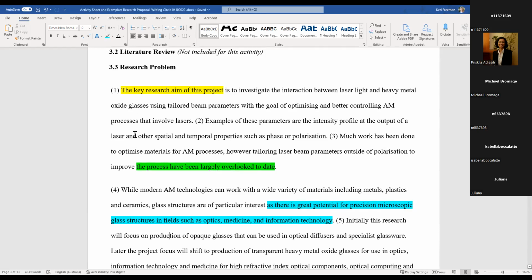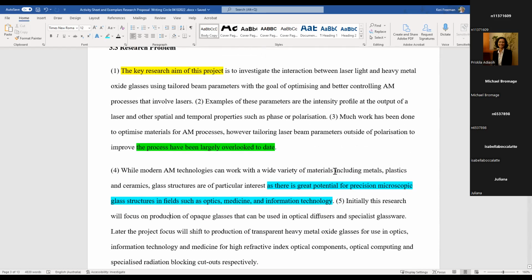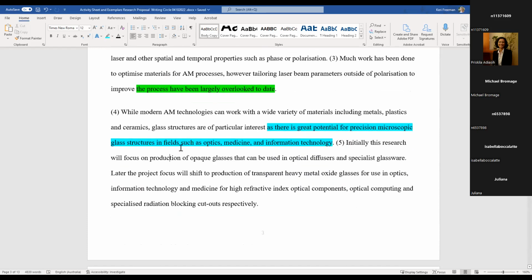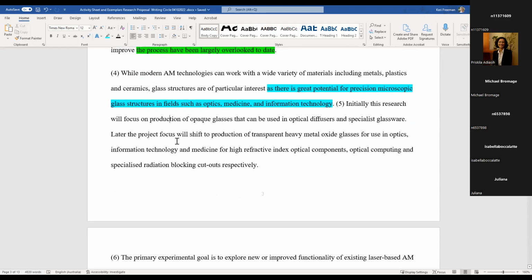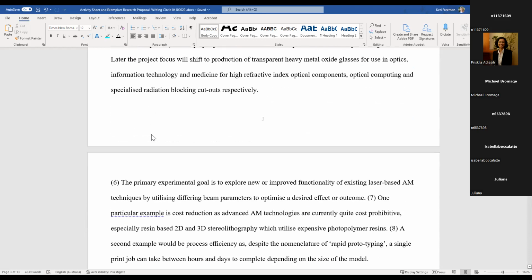Okay, so giving us more information and then narrowing down to the materials and then saying, okay, this is actually the field that we're looking at in this research. Okay, initially we used to optical diffusers, specialist glassware. Later it will shift to transparent heavy metal oxide glasses. Yep, so that's giving us some good information there.